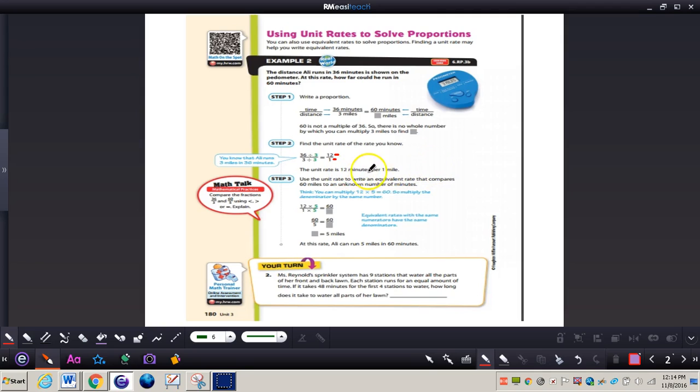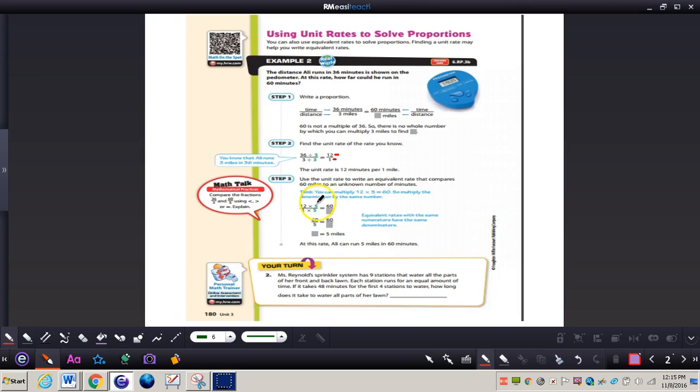We're going to use that unit rate to write an equivalent rate that compares 60 minutes to an unknown number of miles. So we have that unit rate you can see here in our book, 12 to 1. And what we do here is think about what you have to multiply 12 by to get to 60. We know we can multiply 12 by 5 to get to 60.